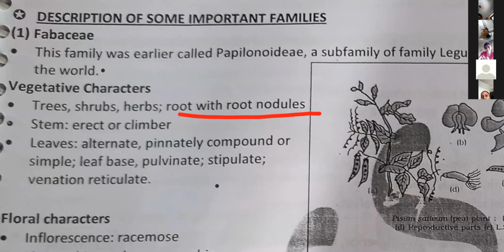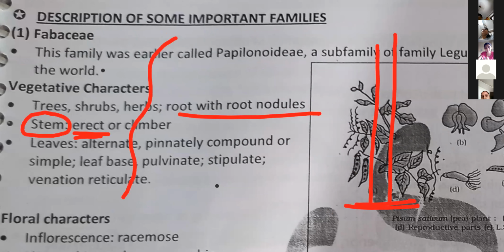Now the stem. Some of the stems are strong and erect. But some of the stems are very weak. You know tendril formation? Remember, tendril formation in the stem part.